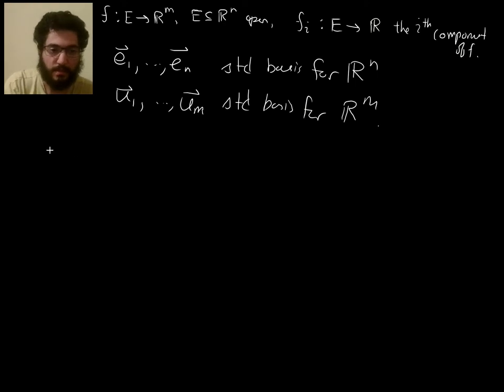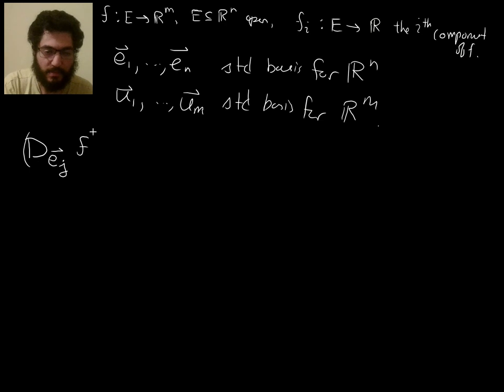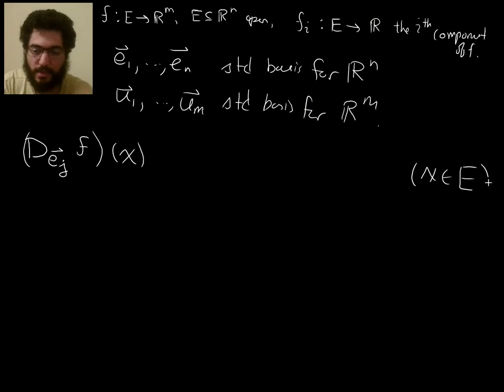Then, well, no need to assume actually. This directional derivative may or may not exist, but anytime you want to, I think this is the notation the textbook uses, you can take the directional derivative of f along the direction e_j at a point x, where here x is some point in the domain E. So such a derivative might or might not exist, but when it does exist, let me do this to the ith component of f.